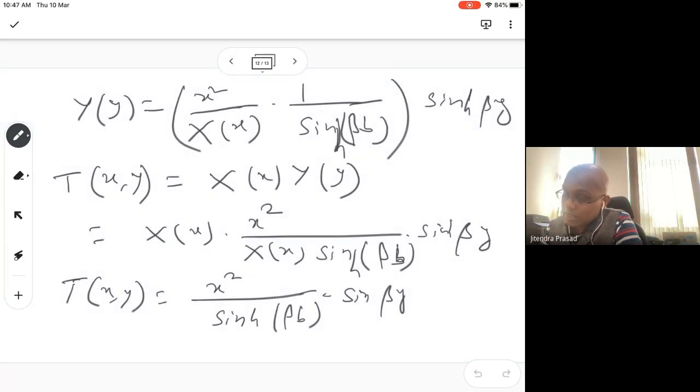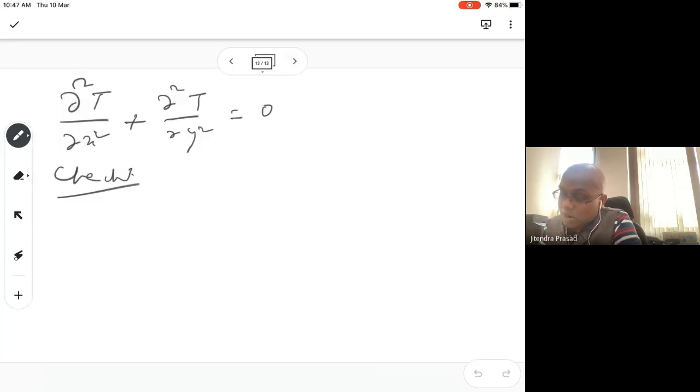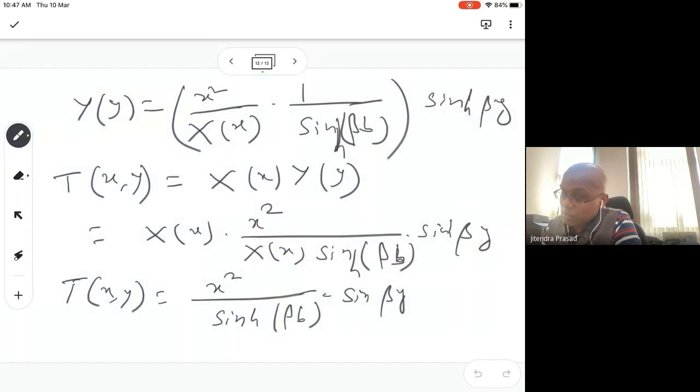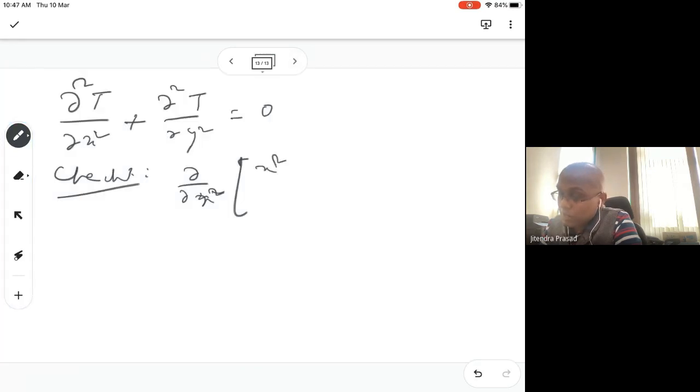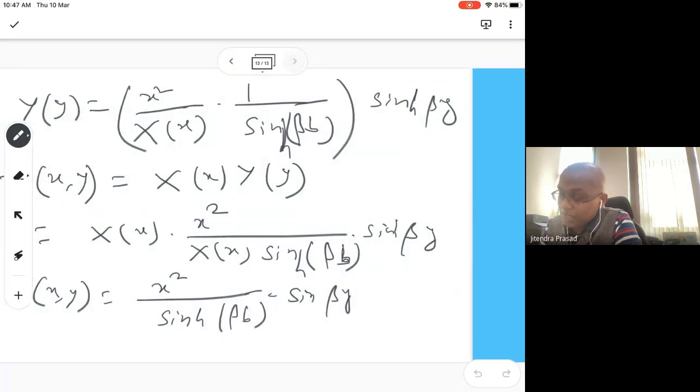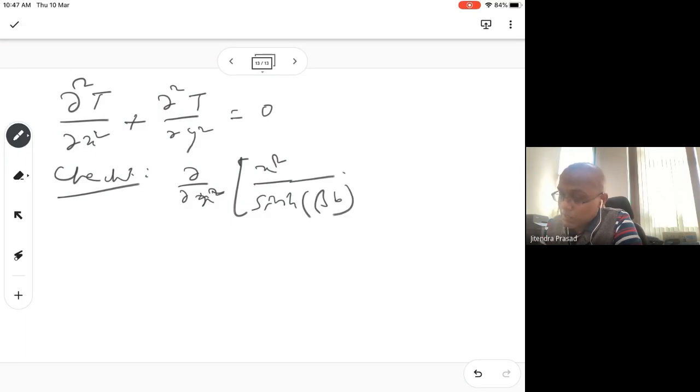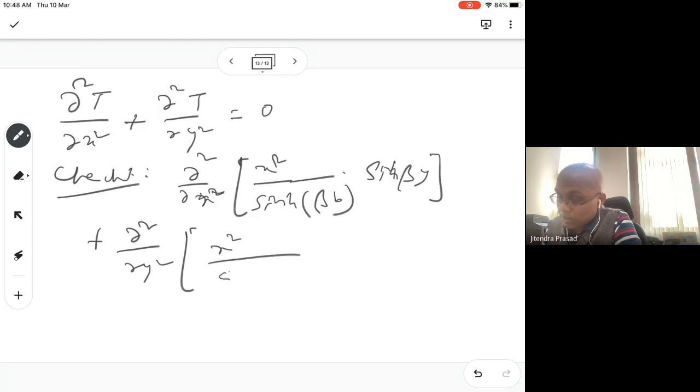So we put del square over del x square of x square over sine h beta b multiplied by sine beta y, and similarly del square over del y square of x square over sine h beta b sine beta y.